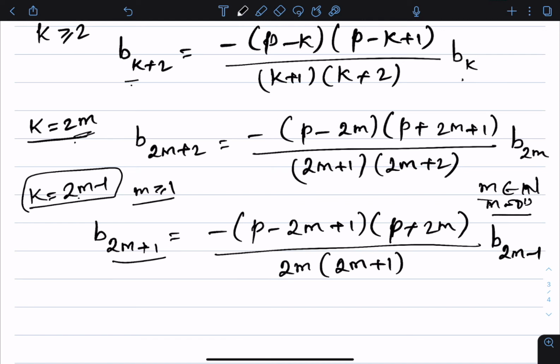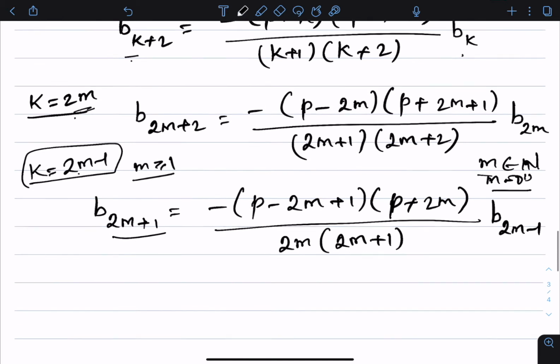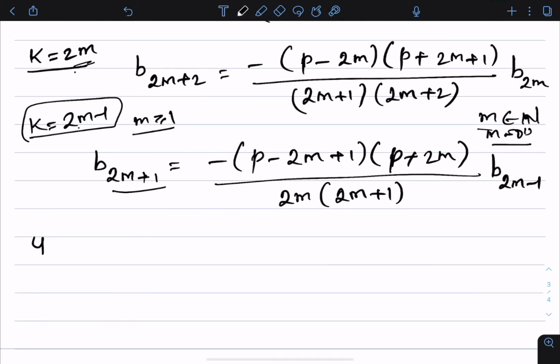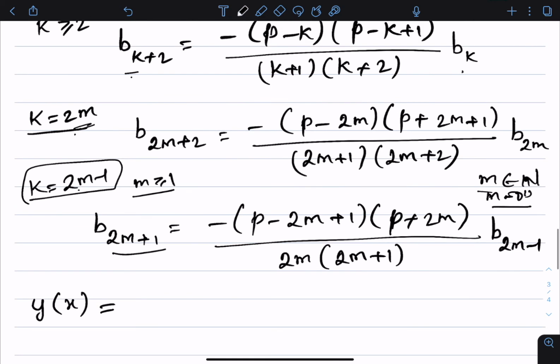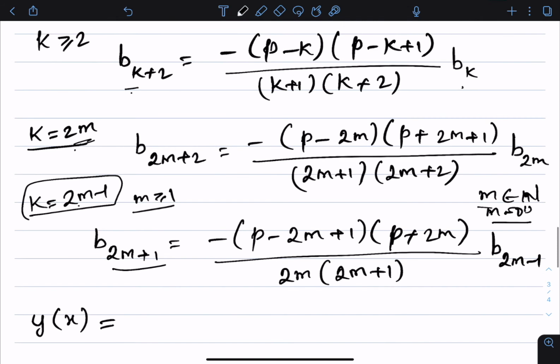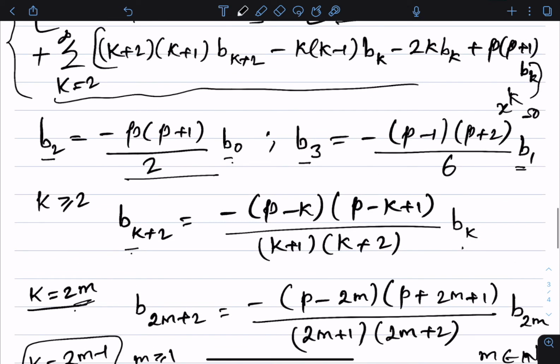Okay, so now you use this information in your y of x. If you use that, then you can write every even subscript b_k in terms of b0, and every odd subscript b_k in terms of b1.